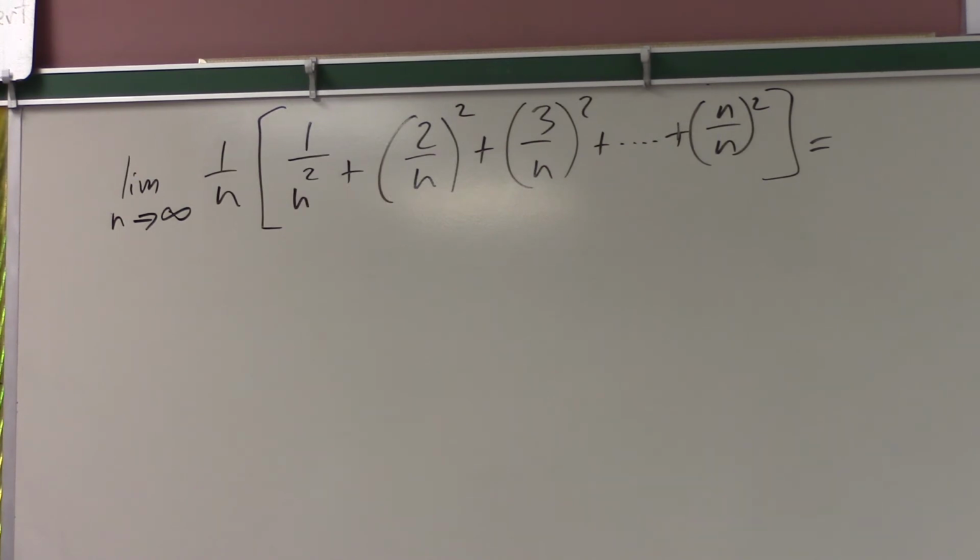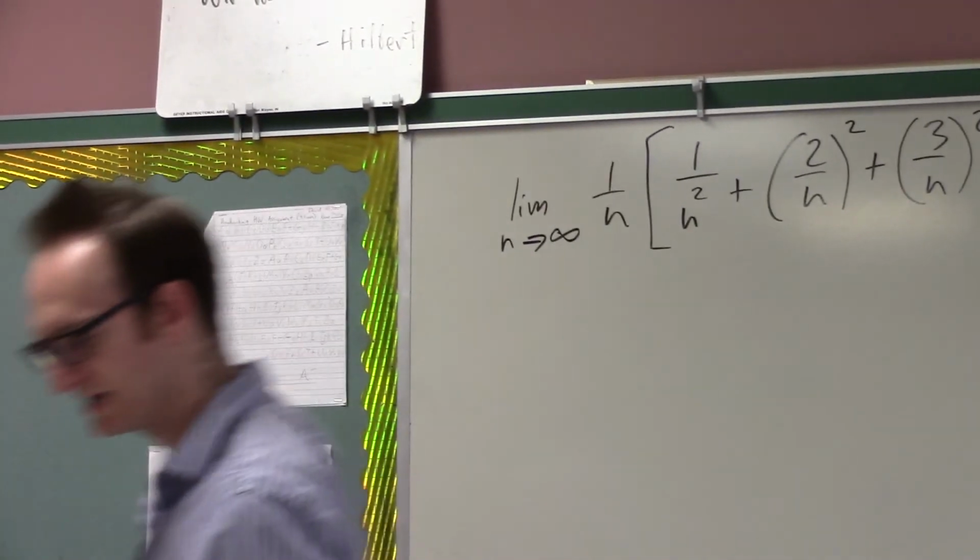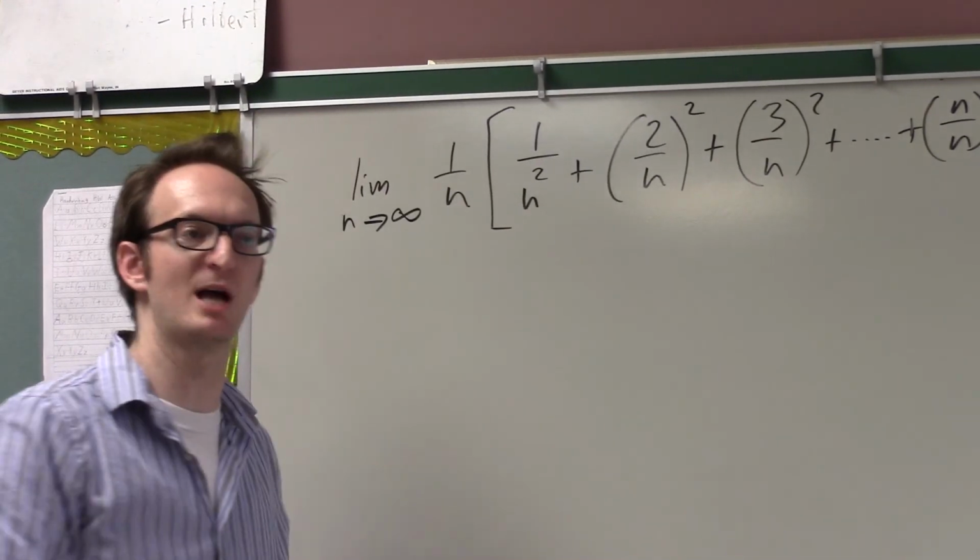You guys understand the question? Does this look like a Riemann sum to you? It kind of looks like a Riemann sum. Some people are just going to get this immediately, and other people are going to have to struggle with it. So look, what does this 1/n look like to you, maybe?